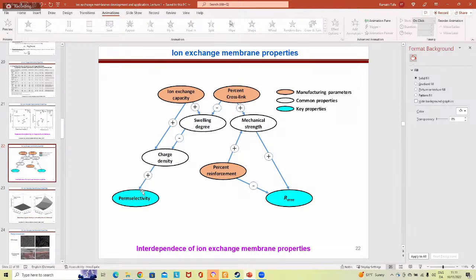So there is an optimal ion exchange capacity. Membranes with a very high ion exchange capacity dissolve in water solution. At the optimal capacity you have good permselectivity, and mostly you can improve it by controlling the amount of ion exchange capacity in the membrane.